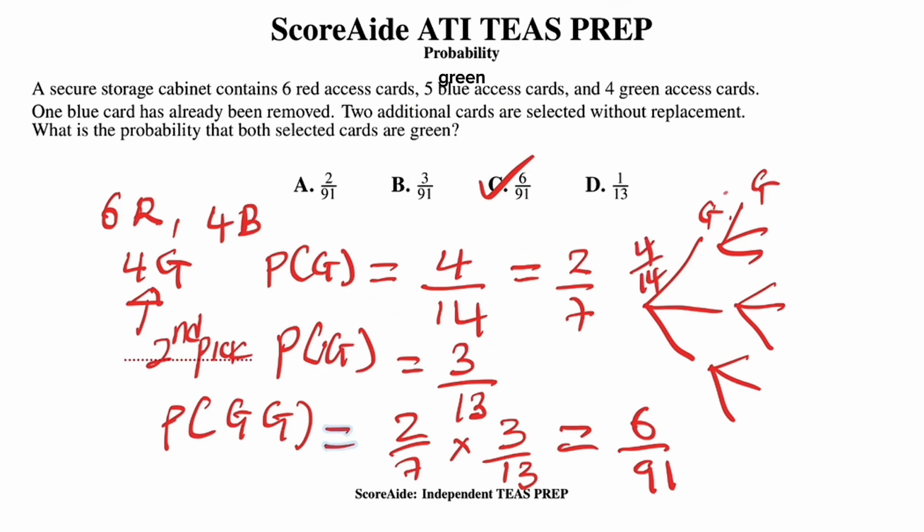If we pick green and we don't replace, it's going to go down to 3 over 13. And the probability here is just going to be 4 over 14 times 3 over 13, right? And we know that this is 6 over 91. You see that? Perfect.